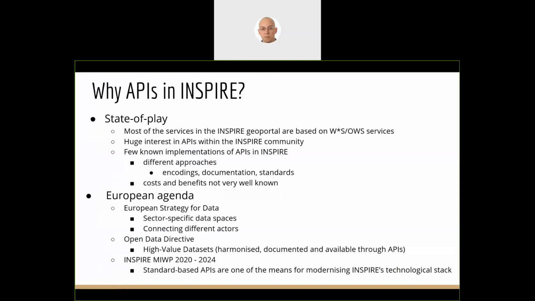We intercept that through different channels, but there are very few implementations of APIs that are declared explicitly under Inspire. And what we also see is that there are different approaches, different encodings, documentation standards. Last but not least, of course, going the API way requires some costs, but also, of course, there are benefits. Those are not very well known.